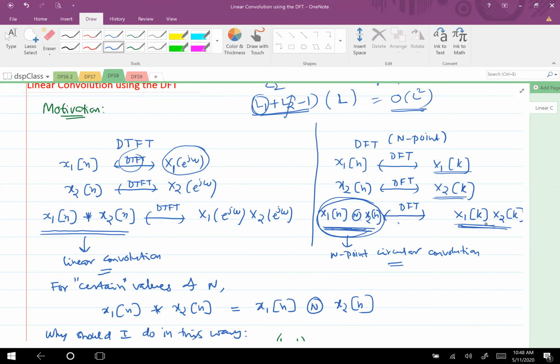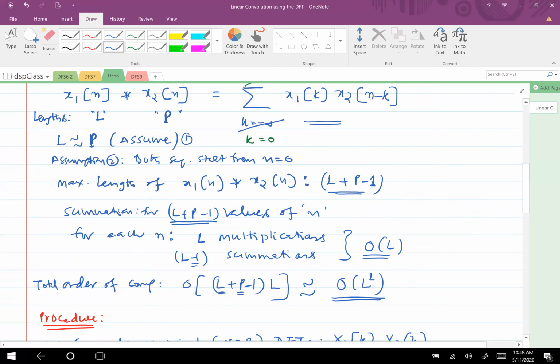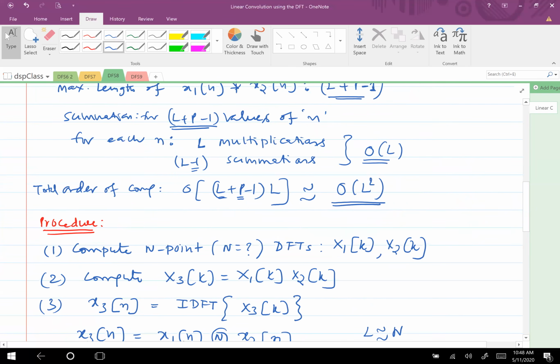And when this circular convolution is equivalent to linear convolution, then obviously this multiplication, taking the inverse DFT of it and retaining just one period of the signal, would give you the linear convolution result. That's the basic idea for the whole thing.